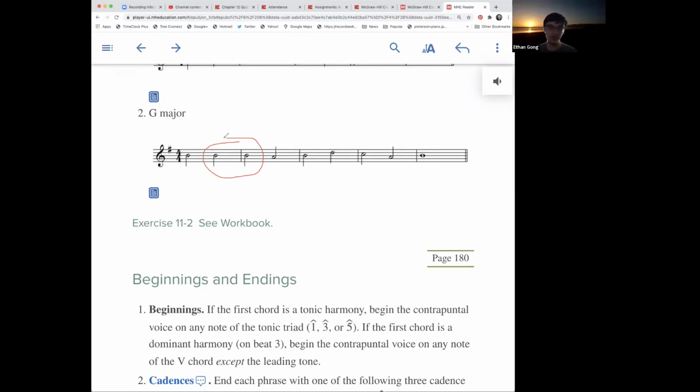The total range is very narrow. So we have error 2, which is redundant pitches. We have 3 repeated pitches, which repeats across the bar line.